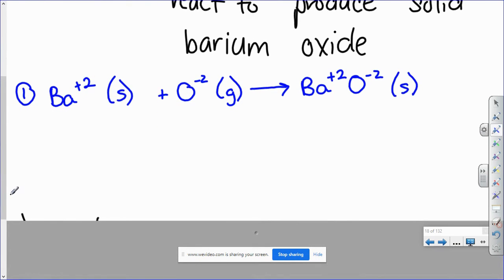I know a chemical reaction took place because I took a solid and a gas, they combined and they formed a brand new solid. So step 2, let's swap and drop.